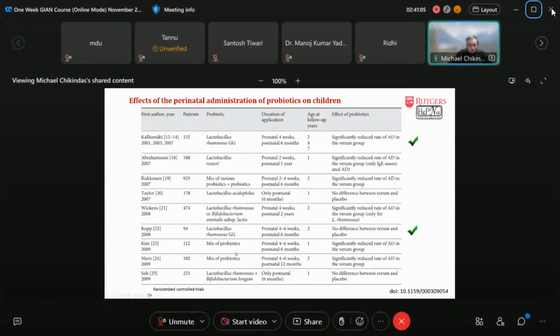In some cases we don't even have the formulations being identified, and this is one of the problems. We still see this problem. These are the 2007, 2009, 2001 studies, but even now, manuscripts come to my desk where some investigators are conducting clinical trials and they're not identifying the microorganism. They're just saying the commercial formulation. And it is very important to know what kind of microorganisms are involved. Another disappointing study with a mixed combination.